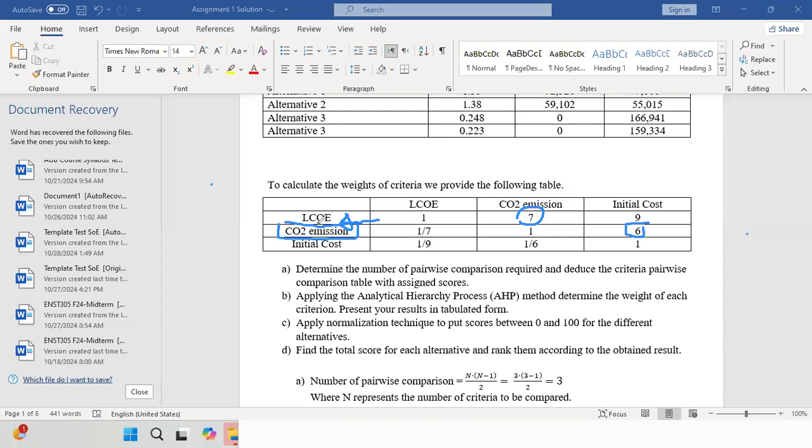This means that the answer was I prefer CO2 emission; this criterion is more important than initial cost. But if, for example, it was 1/5 here, then the answer will be I prefer B, and I put a score of 5. So now, this is how we fill the table.